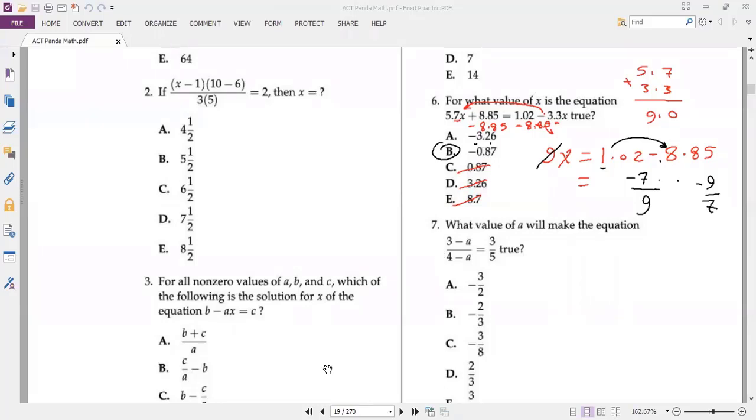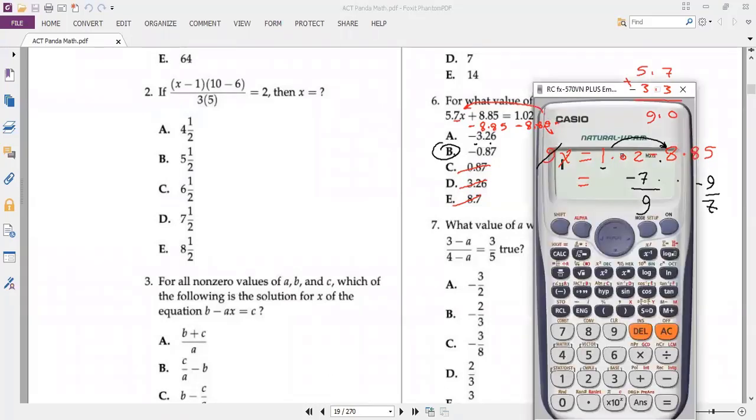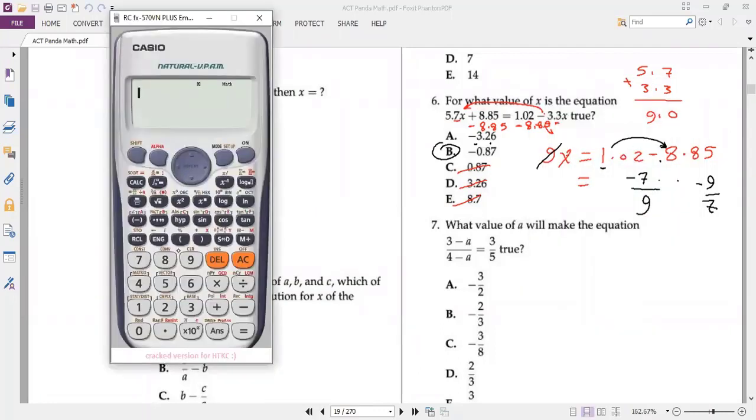Now we try to use the calculator here and solve as well. This is very, very easy and very fast as well. Just 0.5.7 alpha x plus 8.85. This equal, we need it in solve, 1.02 minus 3.3 alpha x. That's all.